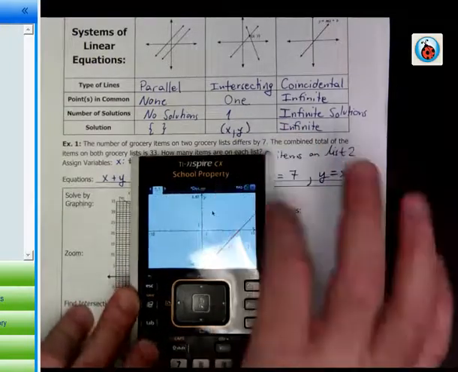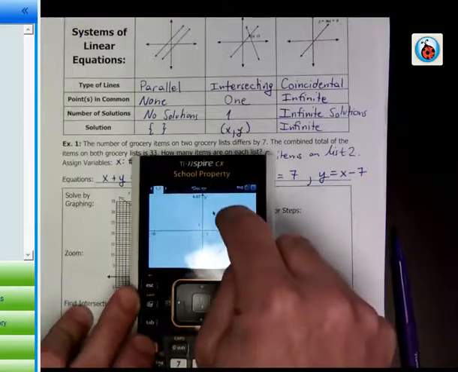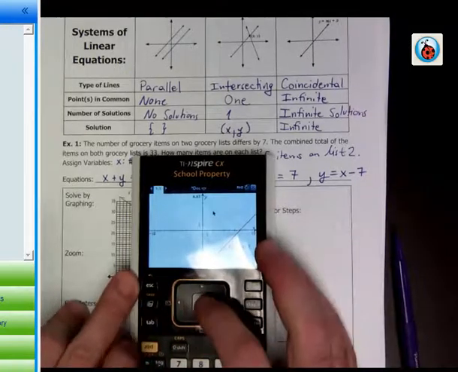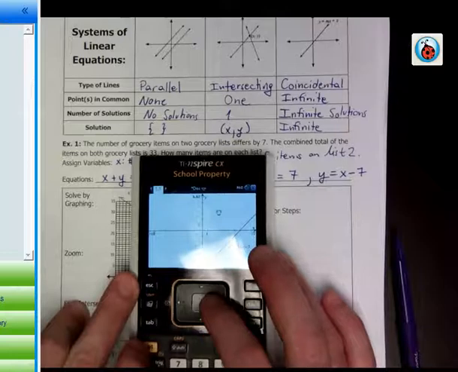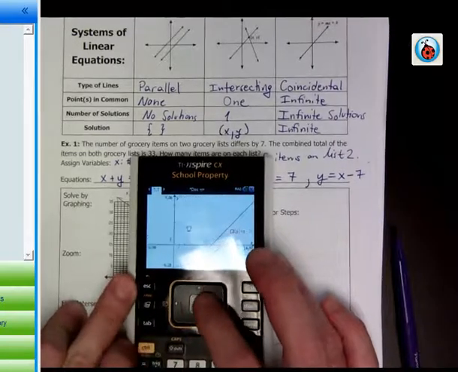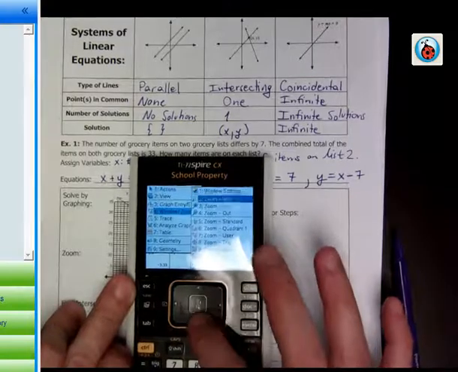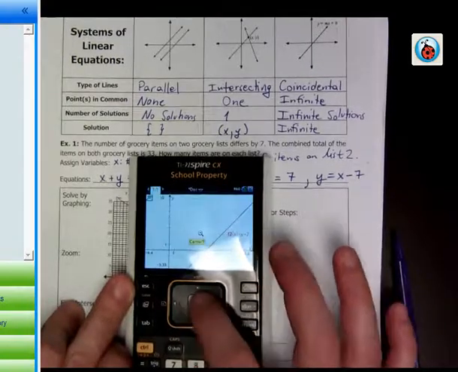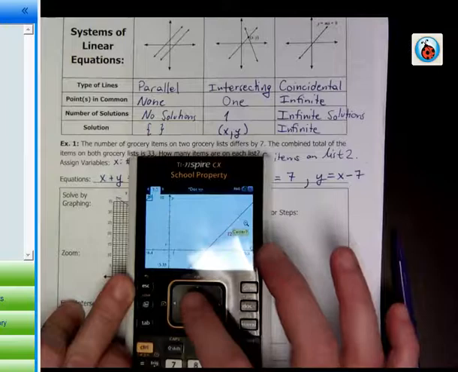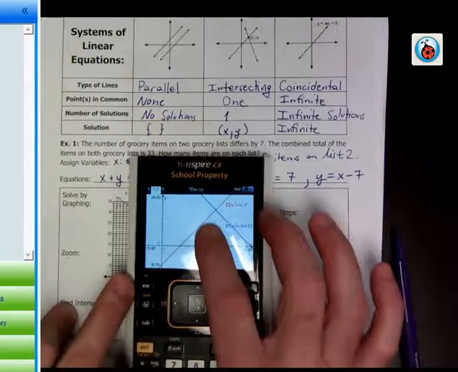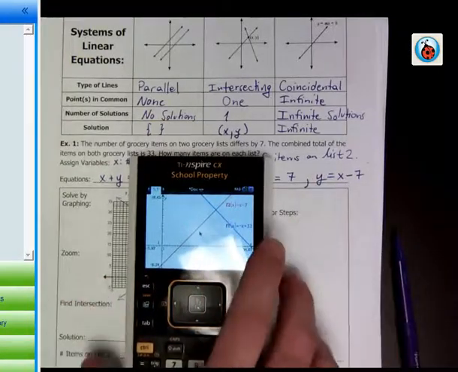Okay. If you notice, the blue line didn't appear, and that's because I'm zoomed in too much. You can move over the screen. I'm going to zoom out a little bit around here because I know where it is. Okay, so we found the intersection there.